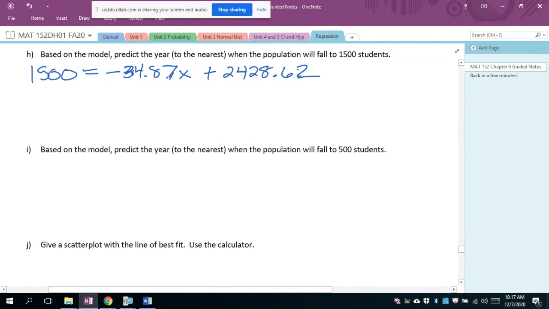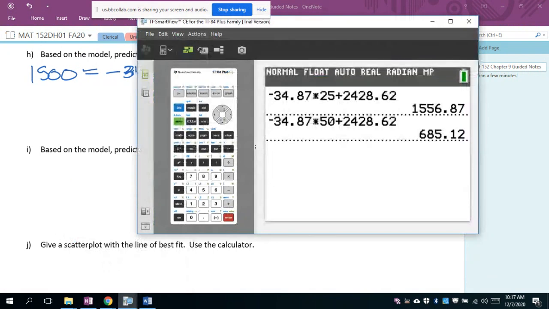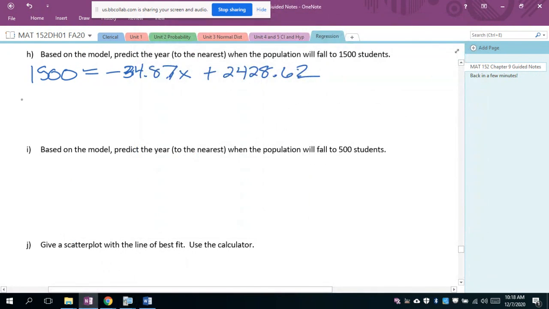So we've got to get this solved for x. We've got to take away 2428.62 from 1500, and we get negative 928.62 equal to negative 34.87x.